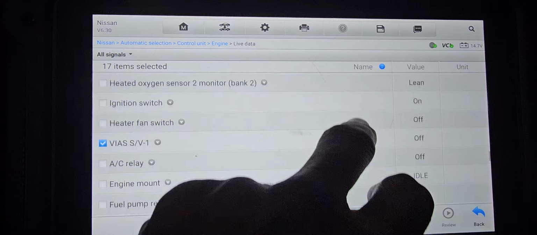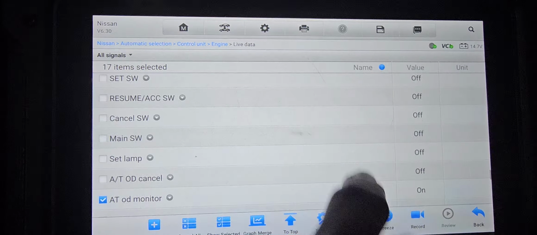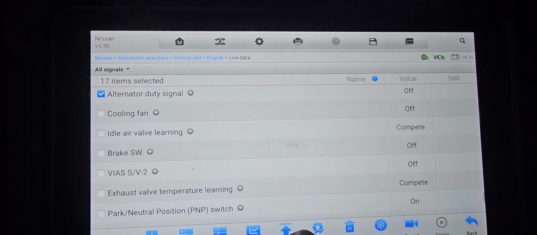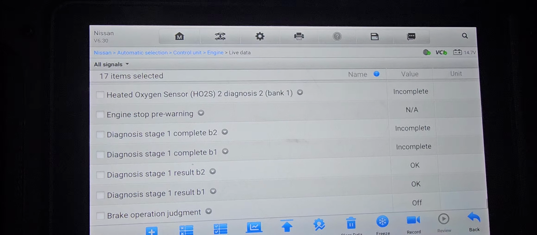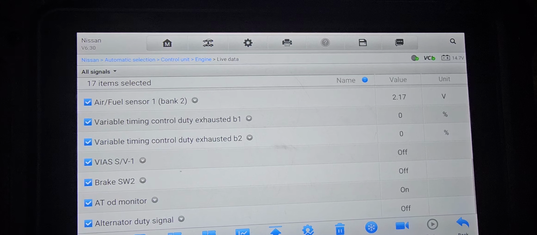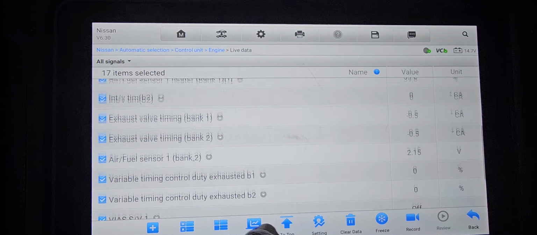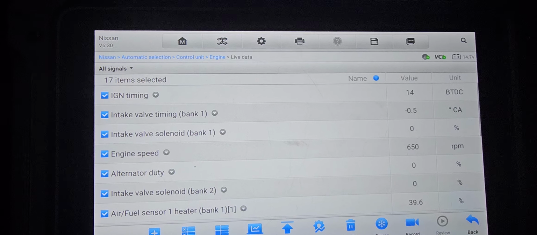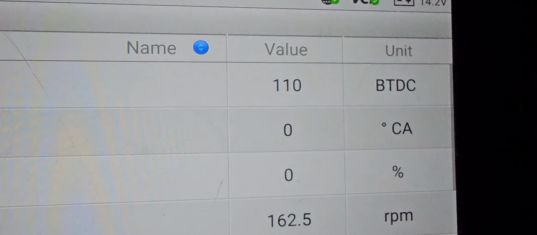Why I don't see intake timing? Okay, show detected. Okay, top dead center. Before you restart, what do you need to do?